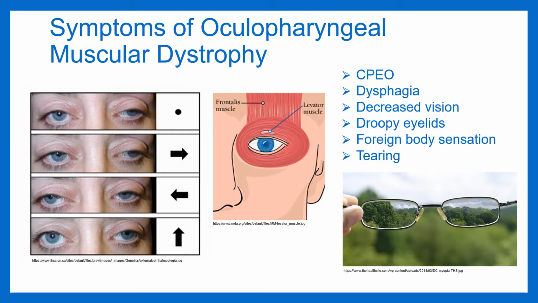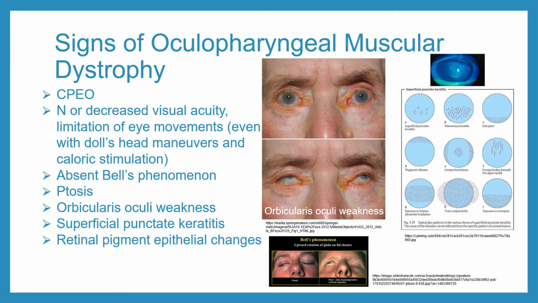Some symptoms of oculopharyngeal muscular dystrophy include CPEO, dysphagia, decreased vision, ptosis or droopy eyelids, tearing up, and a feeling of foreign body inside the eye. When seeing a patient with this disease, you may notice signs such as CPEO.